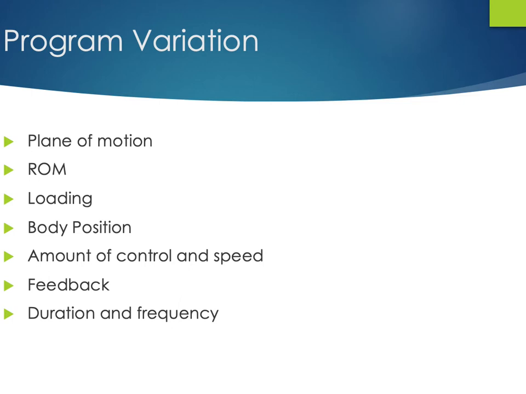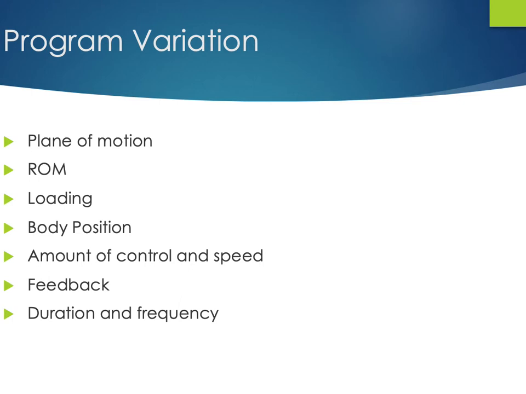All these are other ways in which you can do that, and you guys will start to play around with that. There's not necessarily a rhyme or a reason between plane of motion and range of motion, except you want to watch your patient really closely when in that transformational zone, okay?